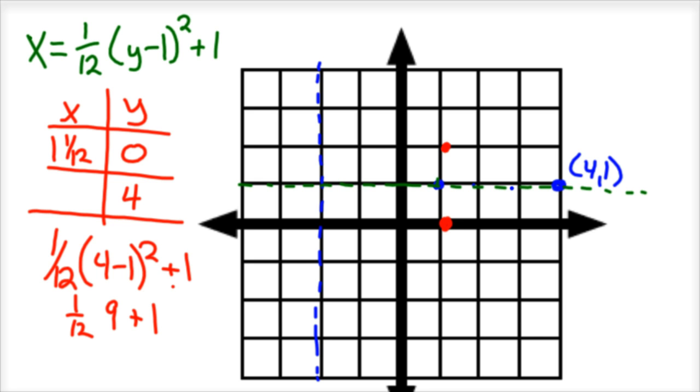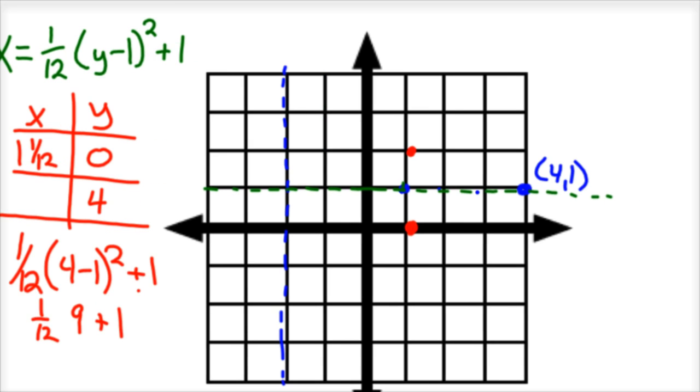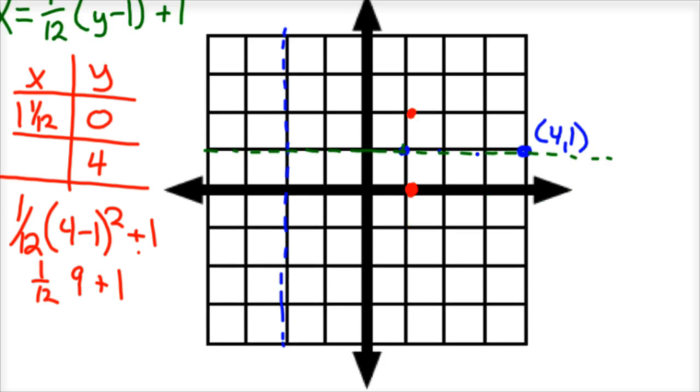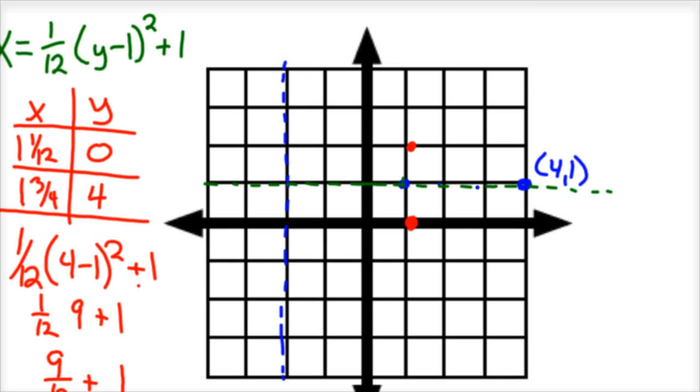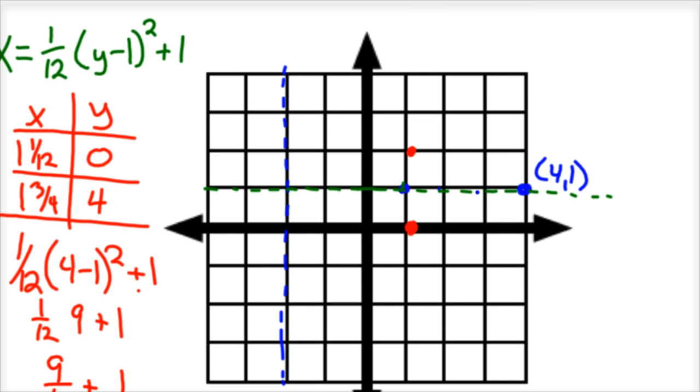And that in turn becomes 9/12 plus 1, and that's 3/4, plus 1, so 1 3/4. So if you go right 1 3/4 and up 4, we'll get another point. So 1 3/4, 1, 2, 3, 4.